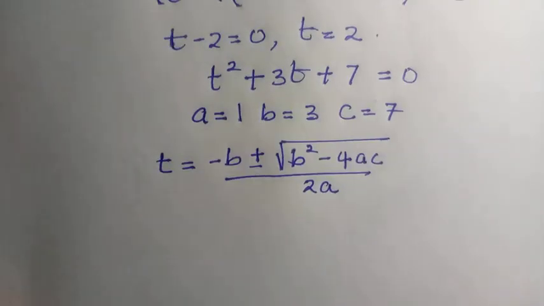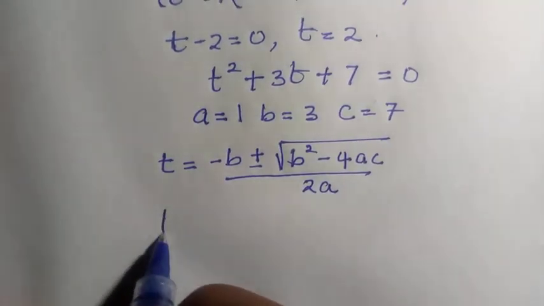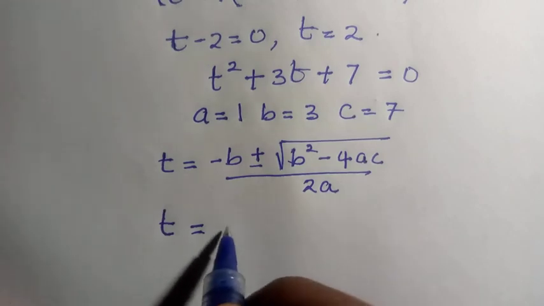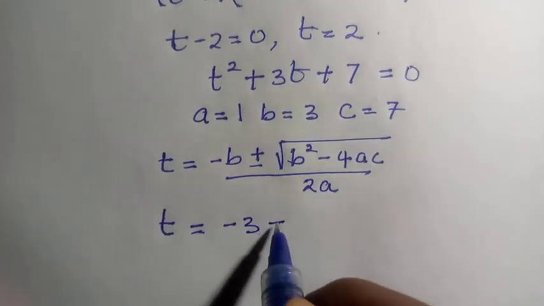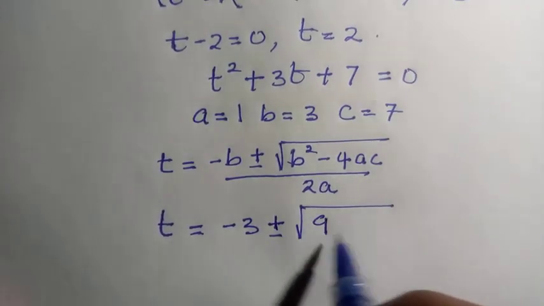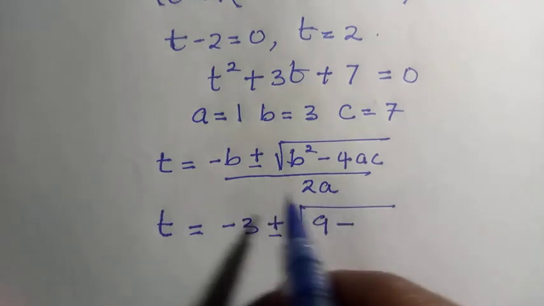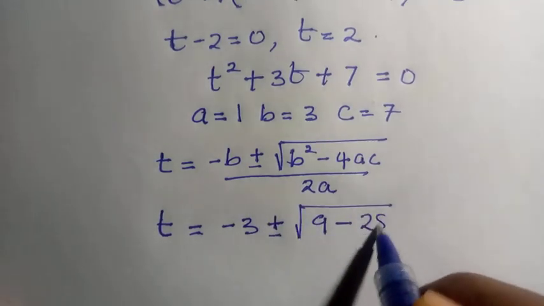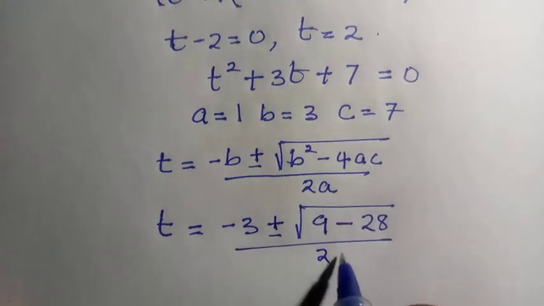So t equals minus 3 for b, plus or minus the square root of 3 squared, that gives us 9, minus 4 times 1 times 7, that is 28, divided by 2.